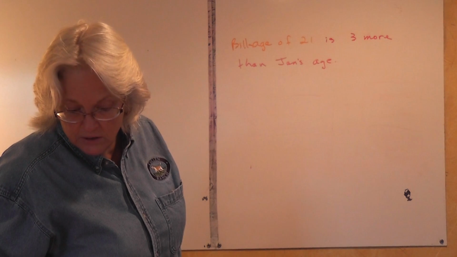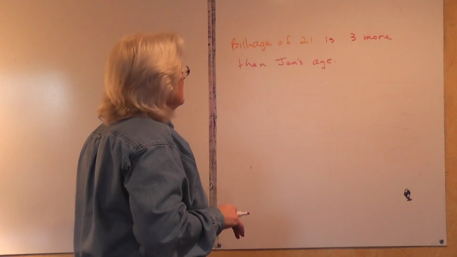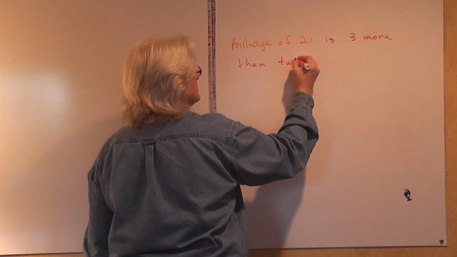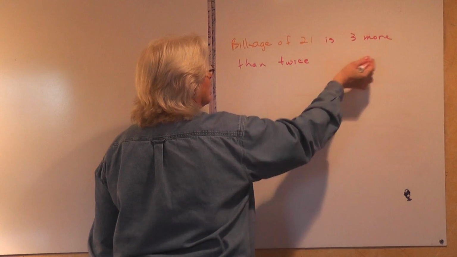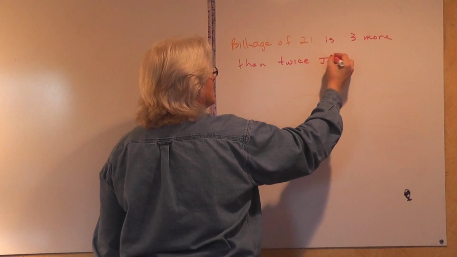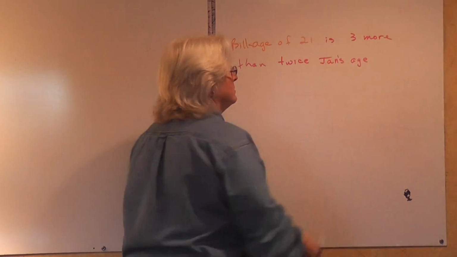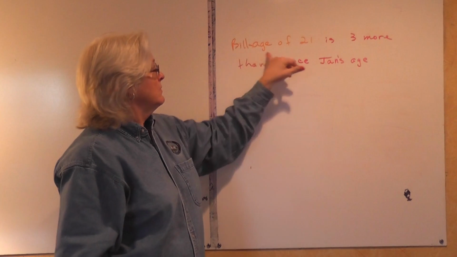Write an equation. Bill's age of 21 is 3 more than twice Jan's age. Make sure that you take the time to verify that you've written the problem correctly. It's 3 more than twice Jan's age. We have an is, which is the equal sign. We have 21.